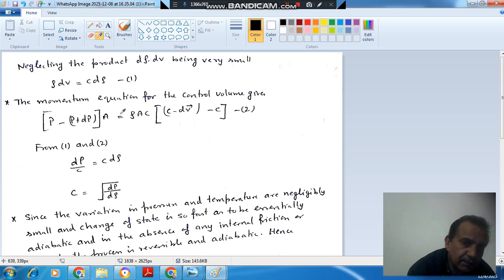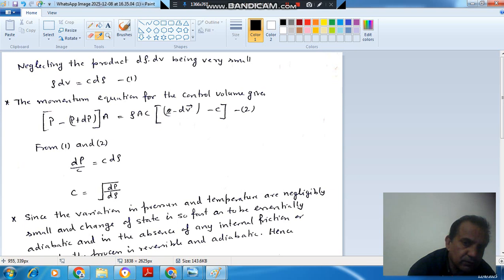Now we'll apply the momentum equation. For the momentum equation, on one side there will be force, and on the other side there will be rate of change of momentum. So net force is, pressure on the right side is P, pressure on the left side is P plus dP, and multiplied by area is force, and that should be equal to rate of change of momentum. So final velocity is c minus dv, initial velocity is c, and mass flow rate is rho A c.